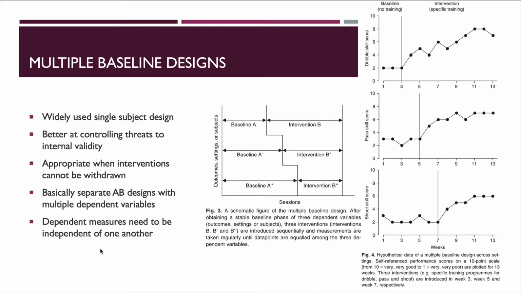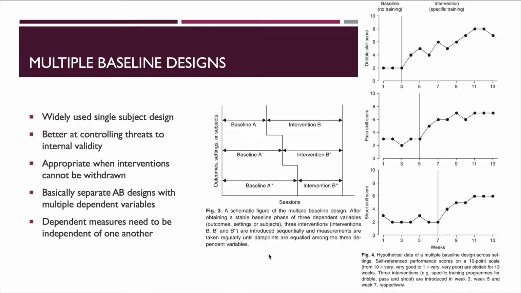This only works when the dependent measures you're looking at are independent from one another. For example, if you wanted to work with a bunch of soccer athletes and improve their dribbling ability, their passing ability and their shooting ability, those skills are somewhat independent. You couldn't do this with 3 different measures of speed, for instance.